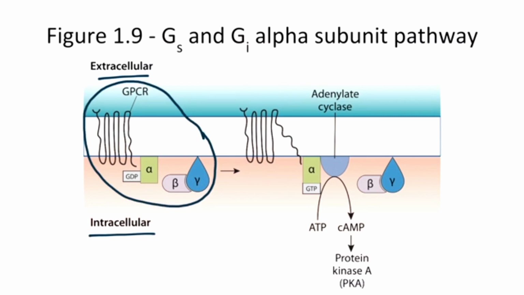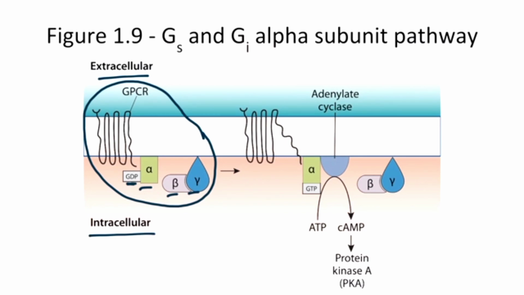Again, notice how the receptor interacts with or is coupled to the alpha, beta, and gamma subunits. The alpha subunit is bound to GDP, and in this figure we haven't labeled the alpha subunit GS or GI specifically because they behave opposite to one another. However, both the GS and the GI alpha subunits regulate this pathway.